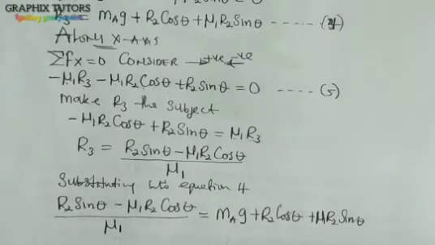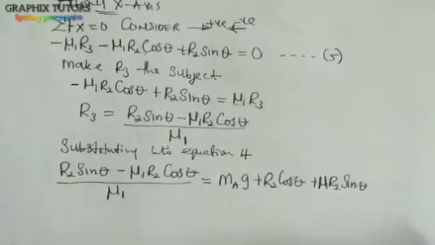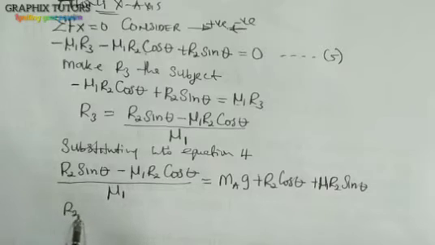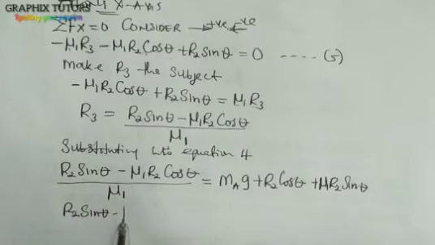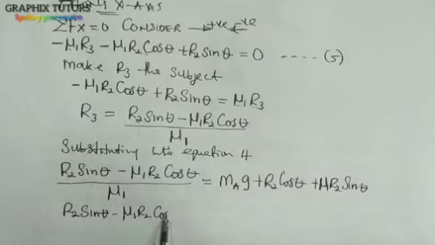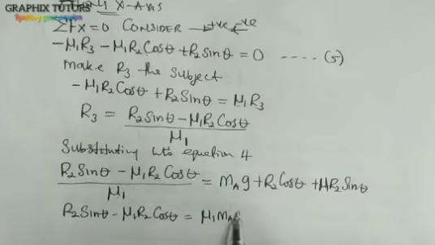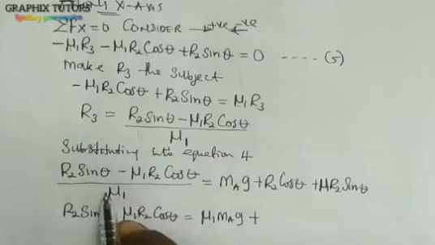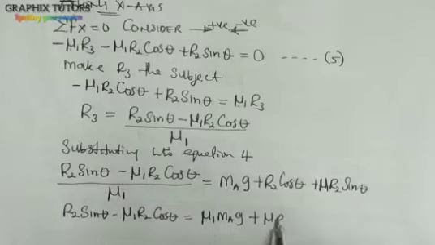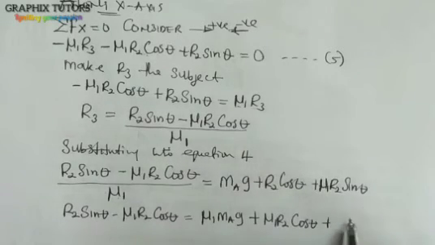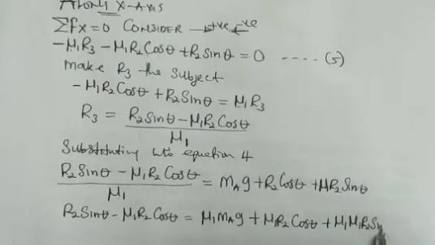Now from here, if I cross multiply, I'll be having r2 sine theta minus mu1 r2 cos theta is equal to, if I open the bracket, mu1 times this will give you mu1 mAg, plus mu1 times this will give you mu1 r2 cos theta, plus mu1 times this will give you mu1 r2 sine theta.